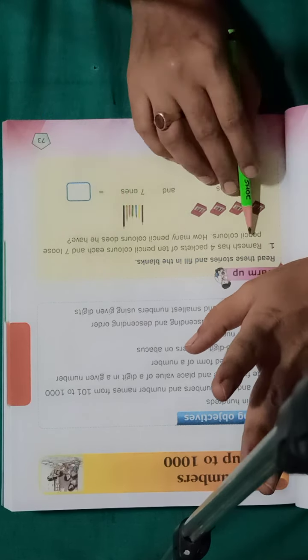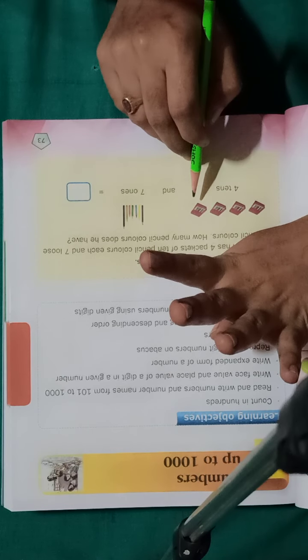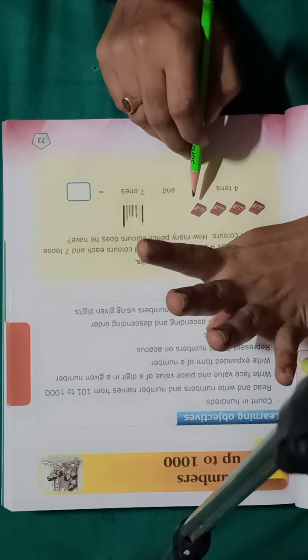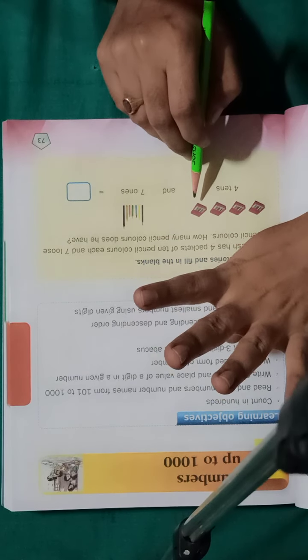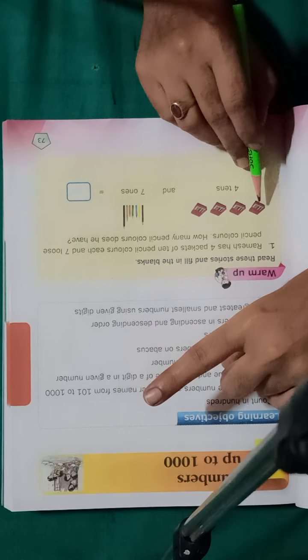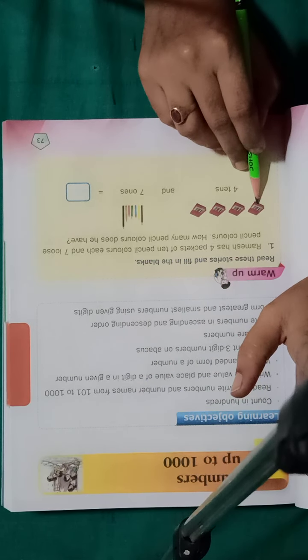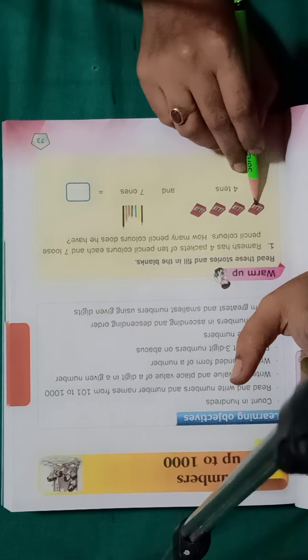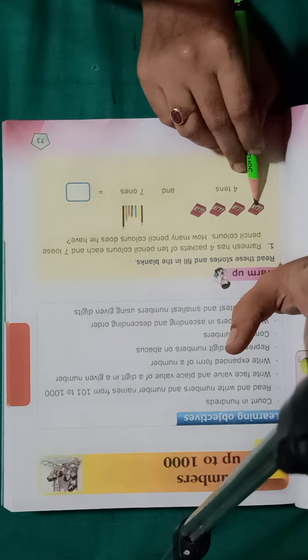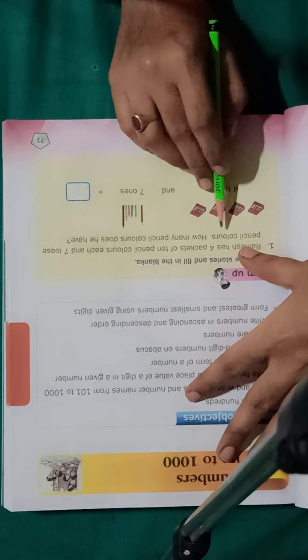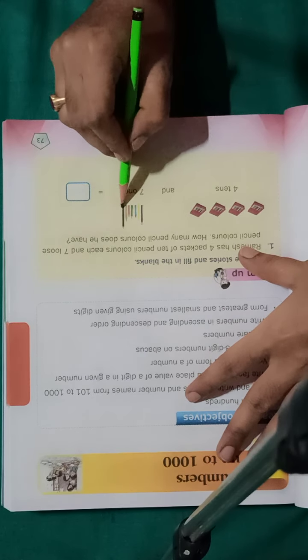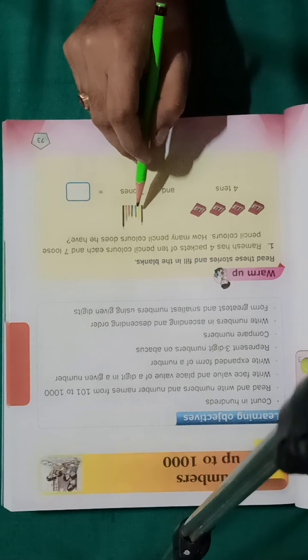Understand now? Ramesh has 4 packets. What are those 4 packets? Those are color pencil packets. In each packet there are 10 color pencils, and 7 loose pencils, meaning not in a packet.